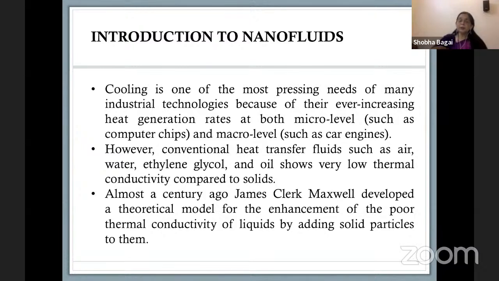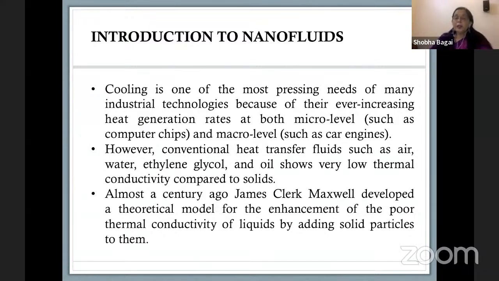For cooling, base fluids have been used. These fluids are used to transport or distribute the heat, and conventionally they have been air, water, or organic fluids such as ethylene glycol and oil.